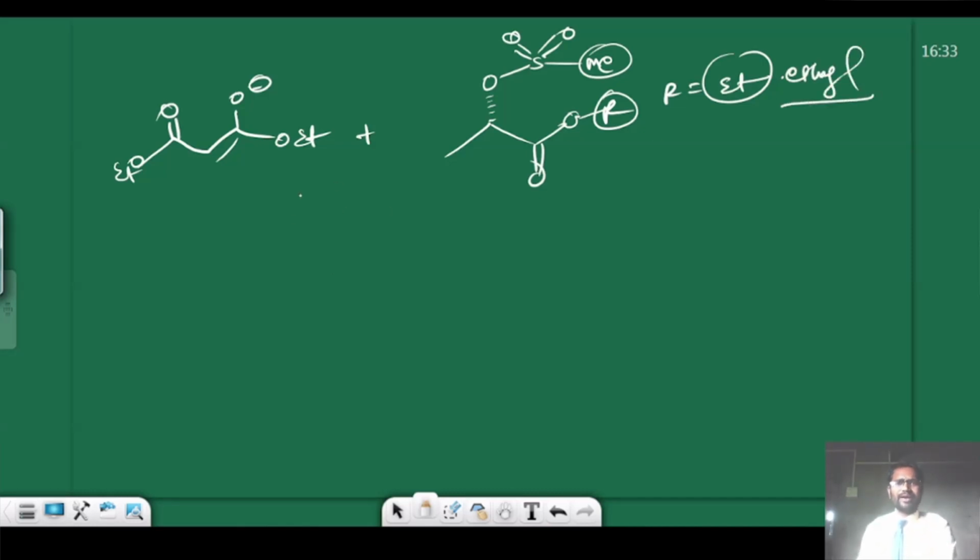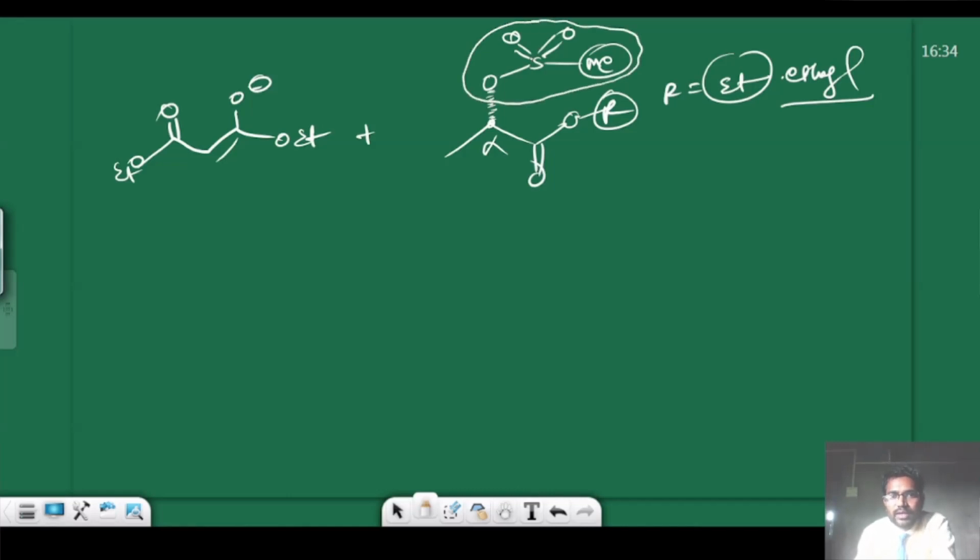So let us discuss that. This bond is present away from the observer. This carbon is the alpha carbon, and this group is away from the observer.